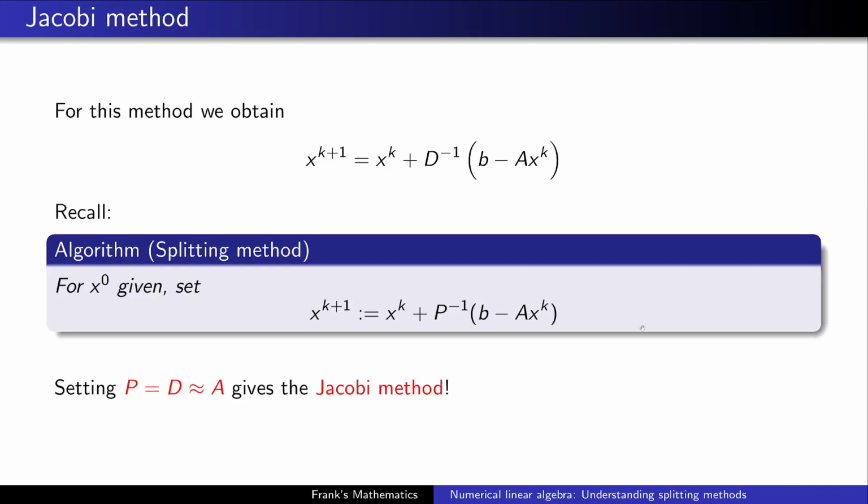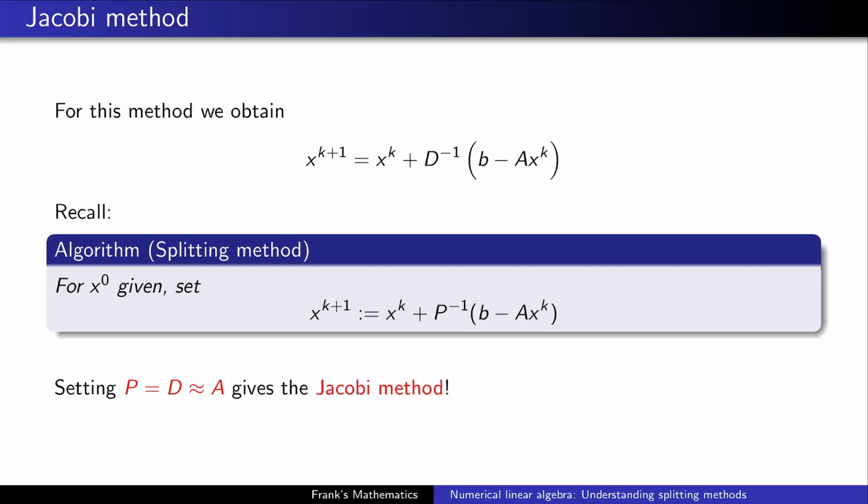Because here you can see the splitting method again. Our splitting method was given this form. So here we have the Jacobi method. If you set P to be the diagonal elements of the matrix A, which is of course an approximation of A, it's very, very easy to invert. Just invert the elements of the diagonal. And the resulting method is called the Jacobi method.